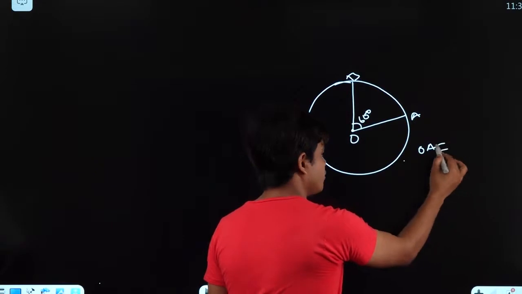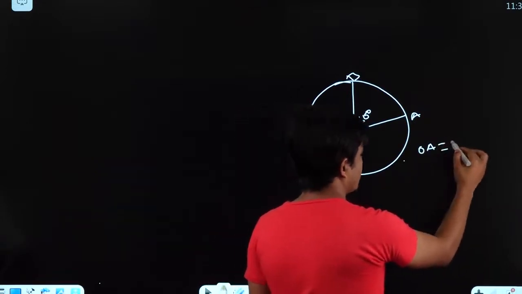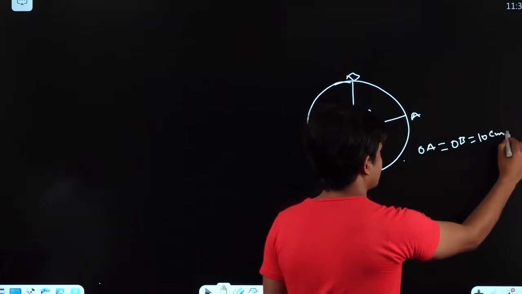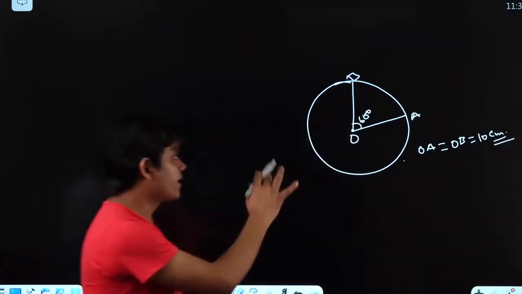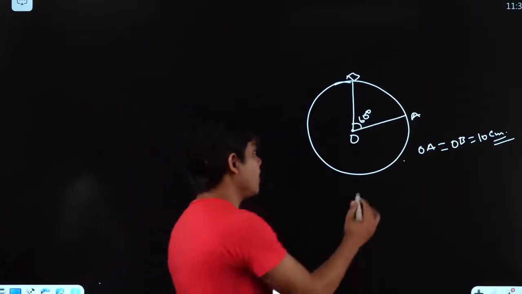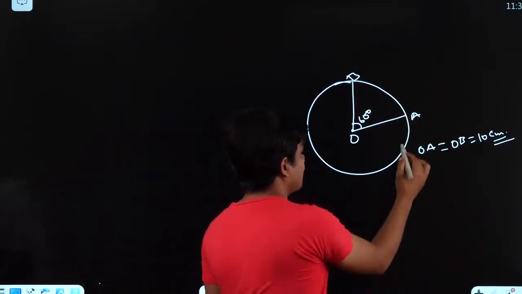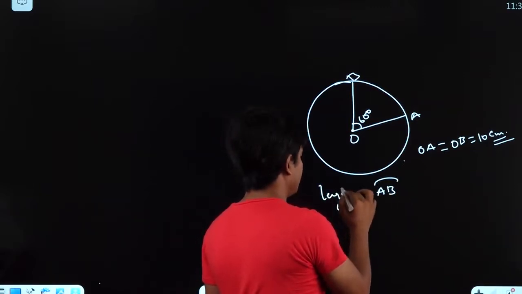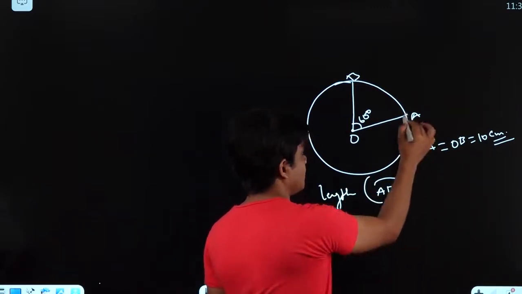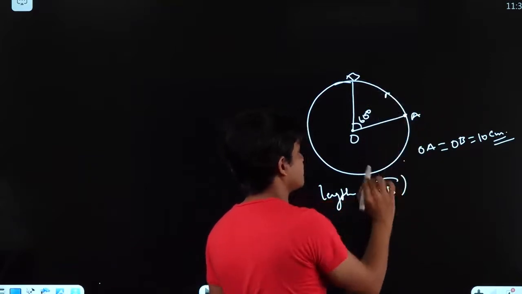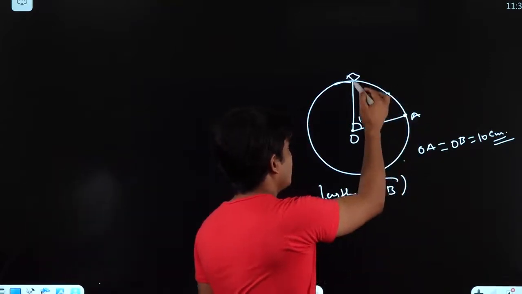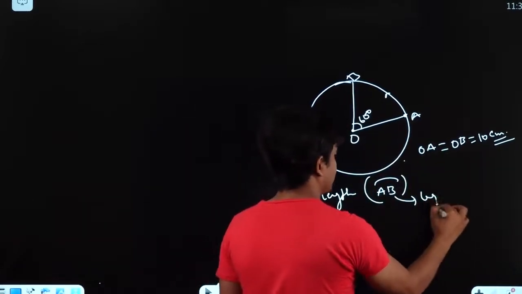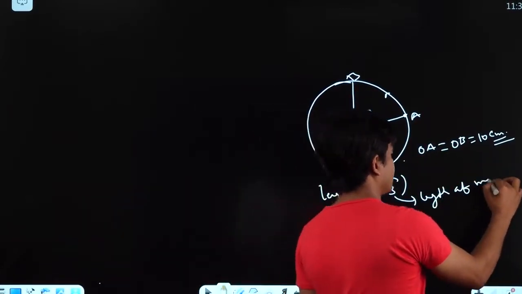So think your radius is also given, your OA is equal to OB is equal to, call it 10 centimeter, and the angle is 60 degree. Then you have to find the minor arc, meaning the length of AB, and this is the length of the minor arc.